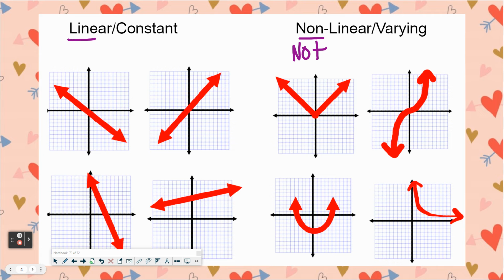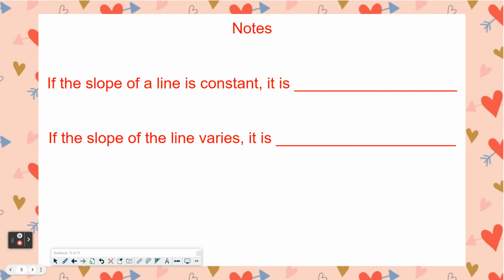Yes, this one has a line here, but it's changing directions. So even though it looks like they probably did use a ruler, it's not one consistent or constant line. It changes direction, it varies. Okay, so if the slope of a line is constant, constant means it happens over and over.